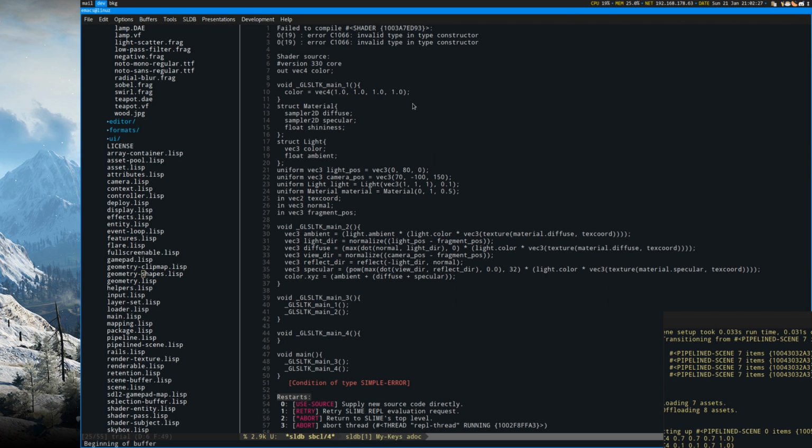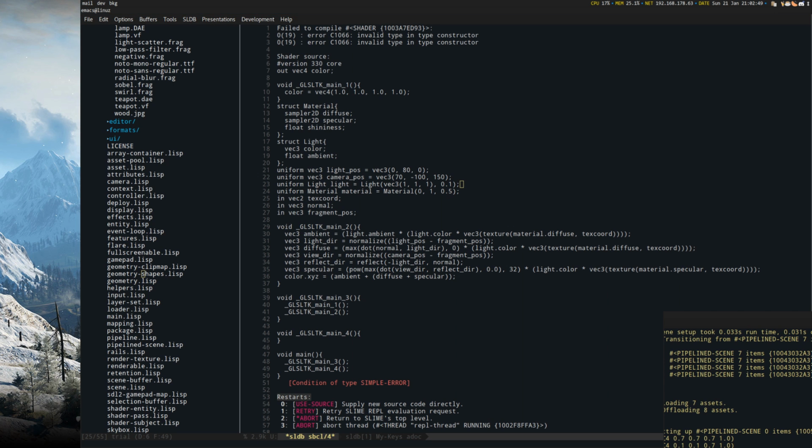Invalid type in type constructor. Why? I guess it doesn't like the 0 and 1s for the sampler. Hold on. Default values for samplers.